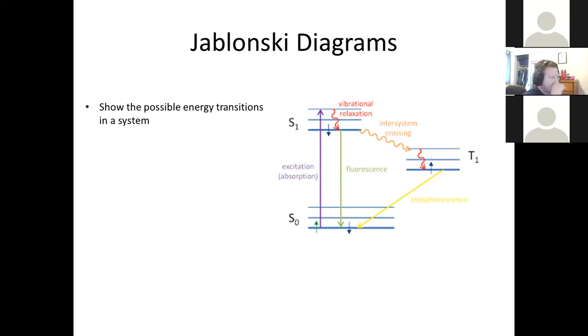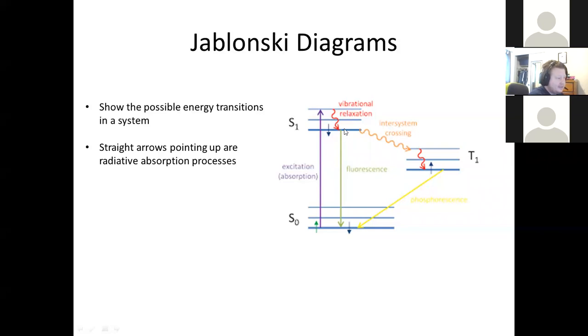So essentially, initially you have to have some sort of absorption process that puts you into one of these levels up here from S0, right? You can have a vibrational relaxation. These straight arrows pointing up are radiative transitions, the way this specific diagram is drawn. There's all kinds of versions of these, but these are the rules for ones that look like this. These are radiative processes, so a photon has to go in to do this.